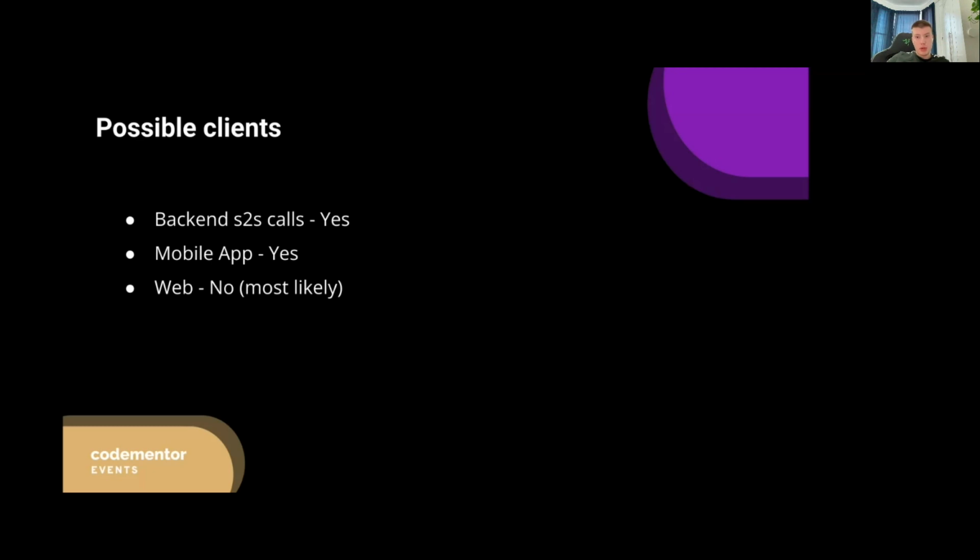But here is the problem with the web. One of the most frequent questions that you will see when you Google basic questions like gRPC versus REST is that, as you recall, gRPC forces you to use HTTP version 2. And there are some restrictions from the web browser, because not all previous versions support HTTP version 2.